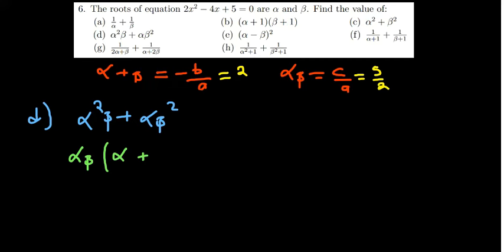For the other part, if you remove alpha beta, you remain with beta. Now this is in the form of product, and our product is 5 over 2, and our addition is 2, giving us 5.